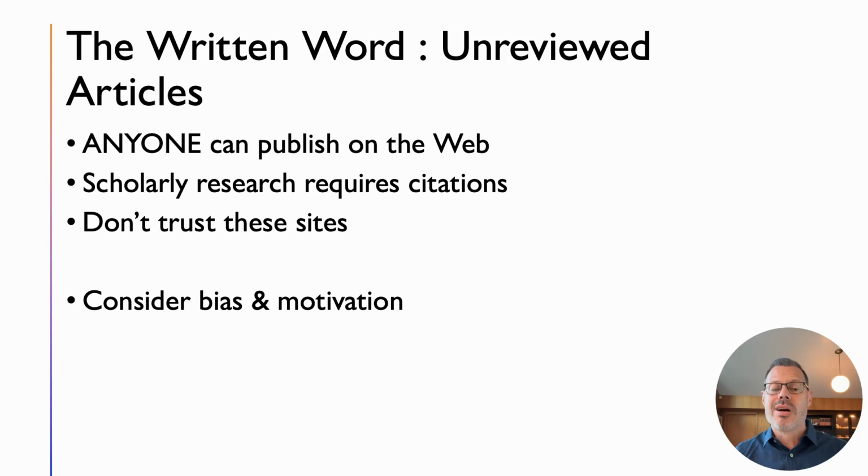We want scholarly research with citations that are ideally peer-reviewed, meaning others with expertise in that area have looked at your research model and determined that it was valid. So be very leery of websites or that sort of information that doesn't give you citations, and consider the bias.